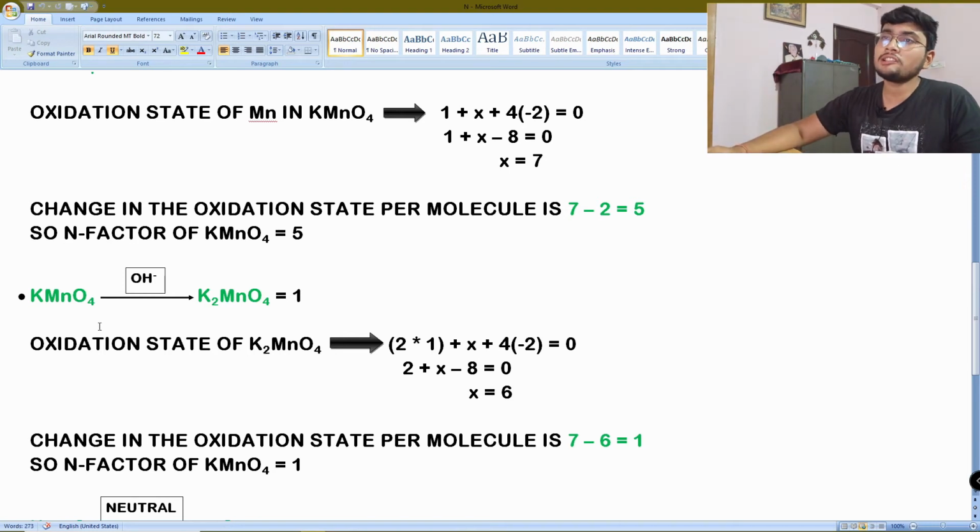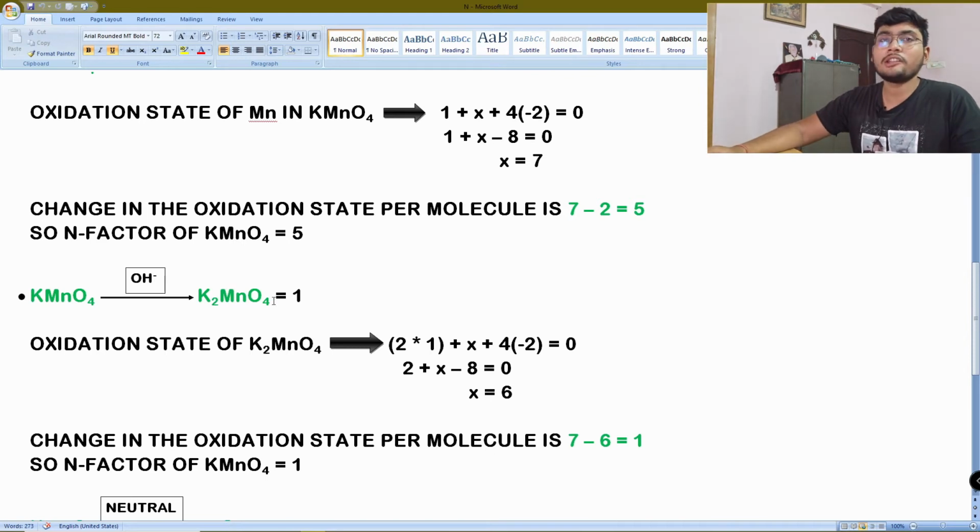Now let us see what is the oxidation state of manganese in K2MnO4. See my cursor, 2 times 1 I have written because there are 2 potassium atoms attached, and each atom will have a plus 1 charge. Plus x, because we don't know the oxidation state of manganese, so I am assuming it to be x.